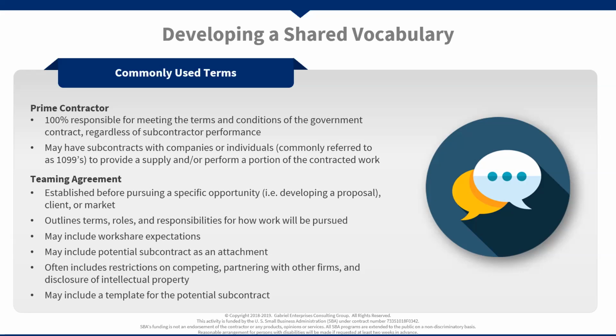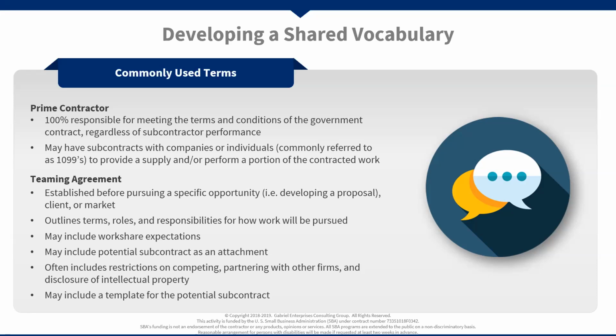A subcontract can be included as an attachment. That is not too common in my experience, but you can include it there, especially if your parties are ready to do it and they're pretty sure they're going to get the award. That's a really good way to set out some of those details.